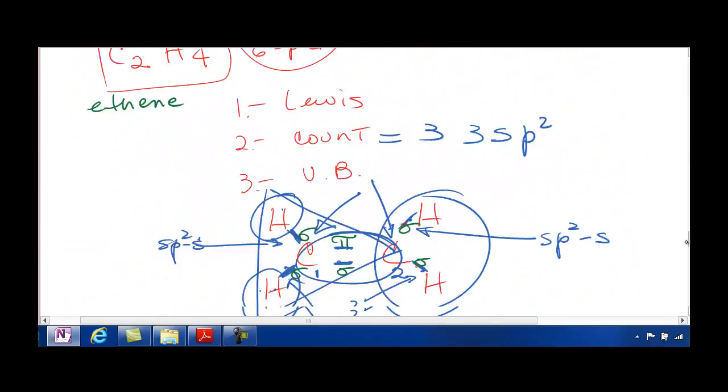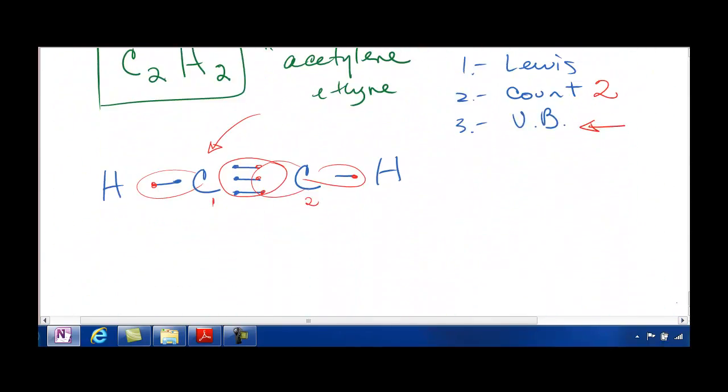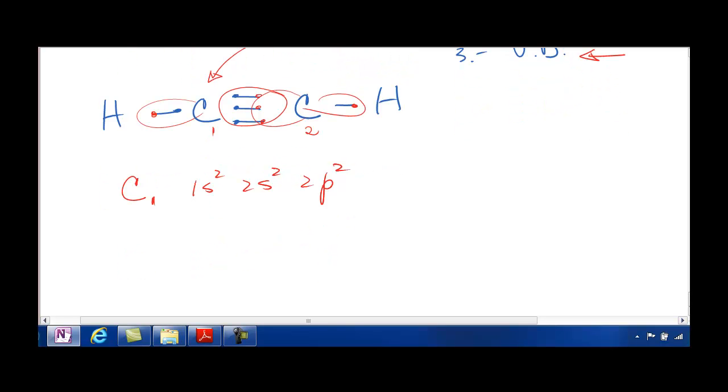atomic orbitals of carbon. Okay, so this is what carbon does. Carbon number 1, central atom, is 1s2, 2s2, 2p2, right? Or valence. Okay, so I look at my valence for my central atom, and it's an s2 and a p what? 2.